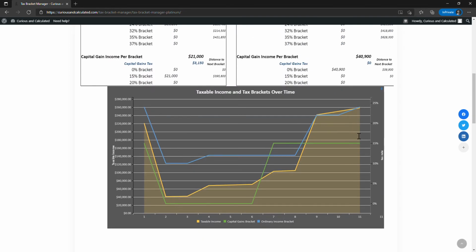The next indication is to look at taxable income and tax brackets over time. So over the next 10 years, we can see that there's this peak and valley. And this is a common profile for someone that might want to consider Roth conversions. Seeing this dip in income, or say they're already retired and it's already low, and then this increasing tax amount over time.